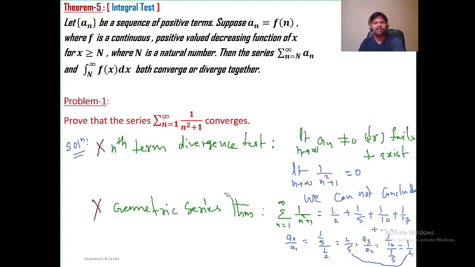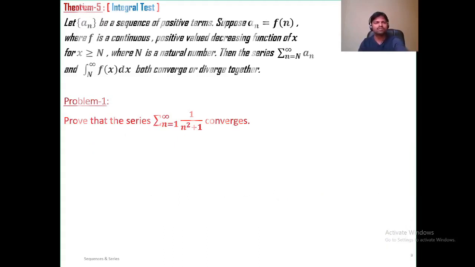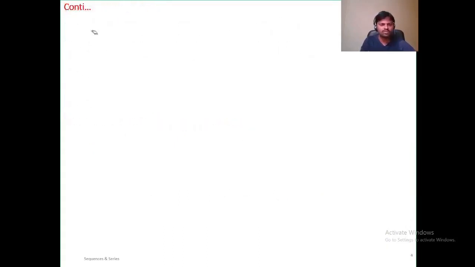Now let me look at the integral test and fulfill all the requirements. First, what is given to us? The series is 1 upon n squared plus 1, with n running from 1 to infinity. So a_n is 1 upon n squared plus 1, and this is my f of n.